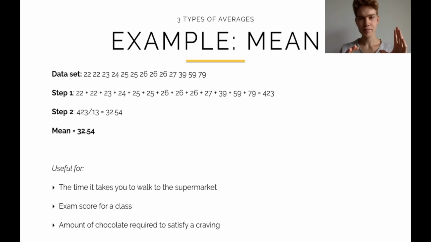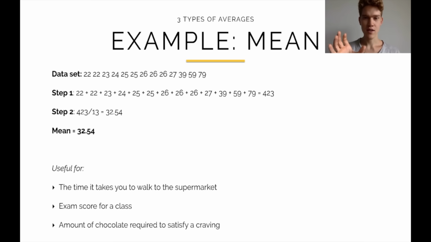Another good example of the mean would be exam scores for a class. To get a good understanding of how people do in an exam or in a class, you can look at the mean exam score last year. Since exam scores are in a smaller range, the mean is going to be good to use here, because you can get anything between 0 and 100, but realistically speaking, no one's probably going to get a 0.